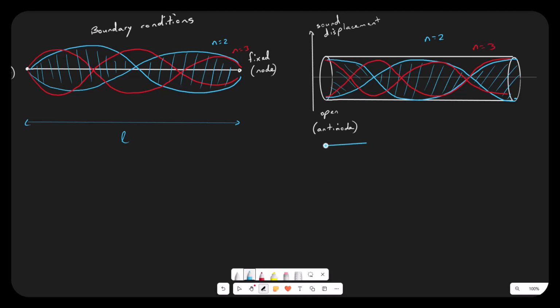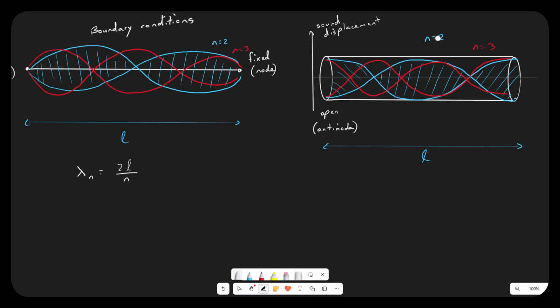So where I have, again, a length of L, back here with my string, what I was able to say is that the wavelength of my nth harmonic was going to be 2 times the length of my string divided by n. So when n equals 2, my wavelength is L, 2 times L divided by 2. When my n is 3, my wavelength is 2/3 of L, 2 times L over 3.